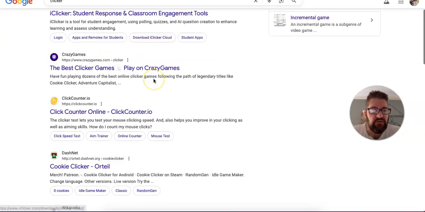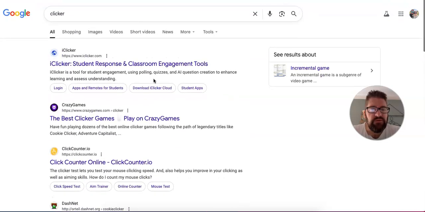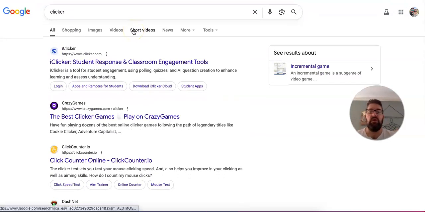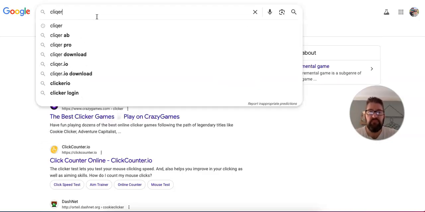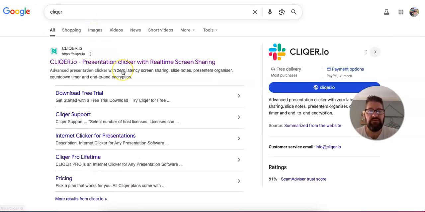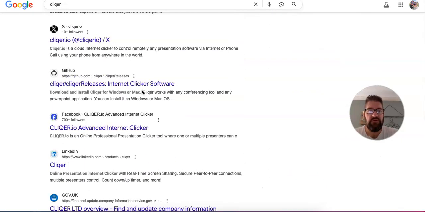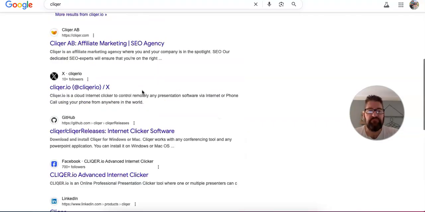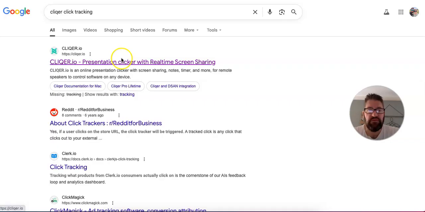No, it's not iClicker either. I wonder what it is. Anyway, there's another one that's similar in pricing. It's like $60 a month. I thought it was this, clicker.io, but I guess it isn't. Let's see if I can find it here.